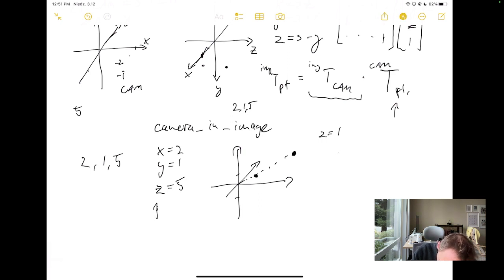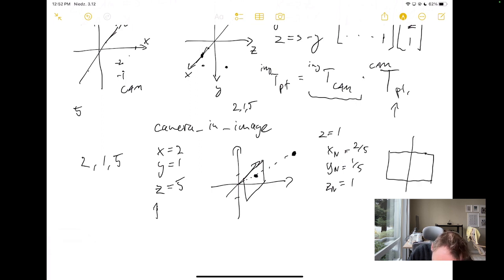So maybe I can call it x normalized, or we could call it x image. So we have 2 over 5, and then 1 over 5, and then we have z equals 1, and this is where our point will land in the image. So here's our image. It's somewhat arbitrary where our image ends and where it begins.